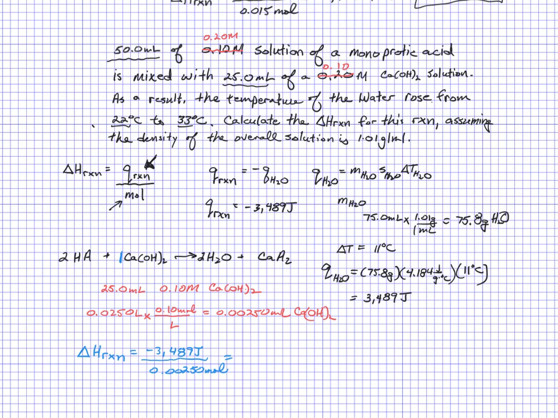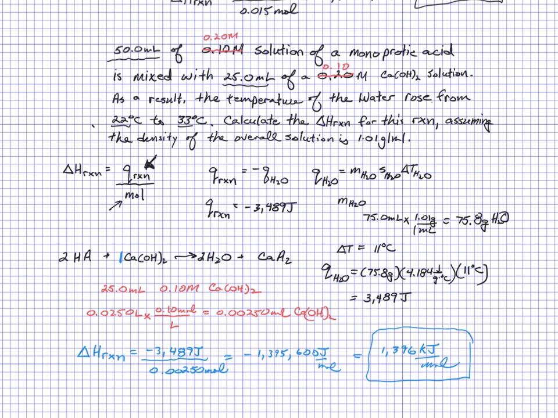Once we plug this into our calculator, we get negative 1,395,600 joules per mole, which is the same thing as 1,396 kilojoules per mole.